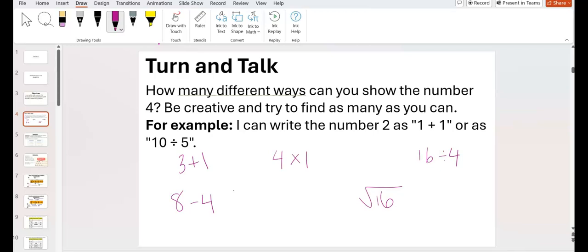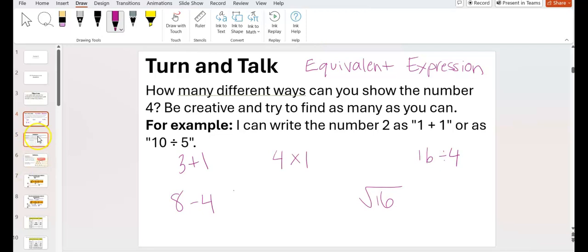No matter what you wrote down, as long as it equals 4, you are correct. And what we wrote down, all of these, plus the ones that you may have thought of, are called equivalent expressions, because they are all math problems that express the same answer.